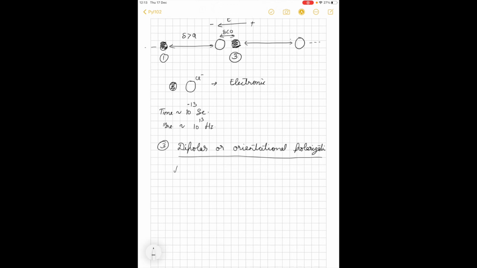This appears where molecules known as polar molecules have a permanent dipole moment.